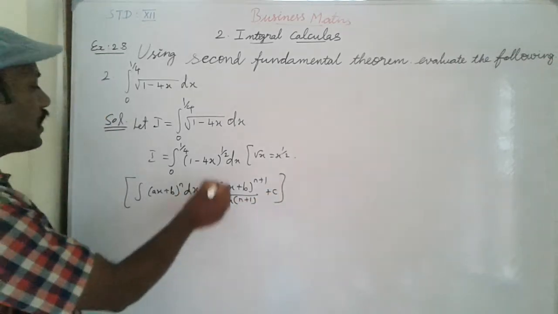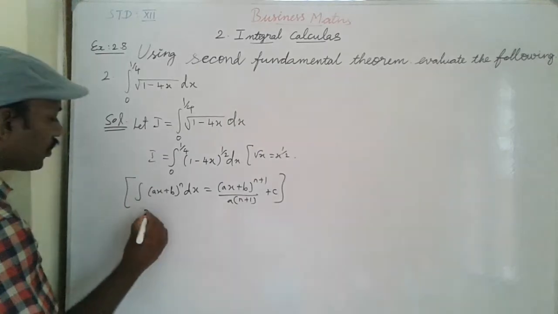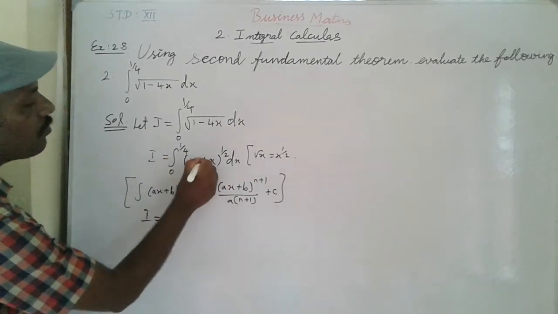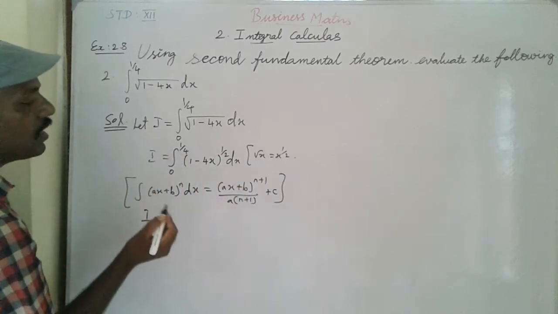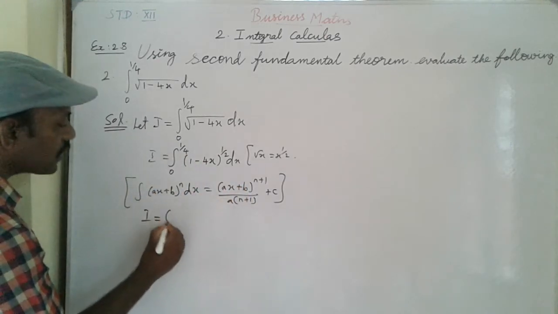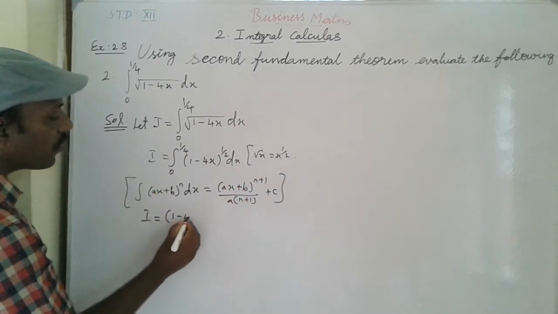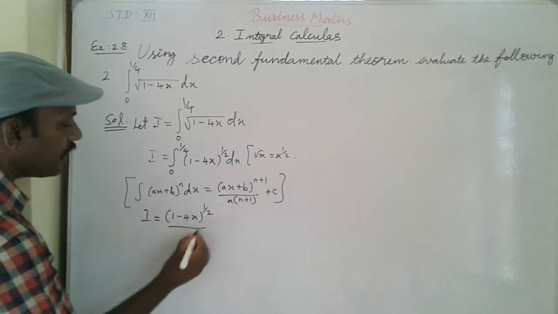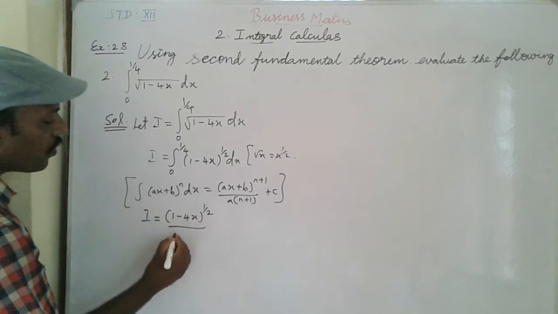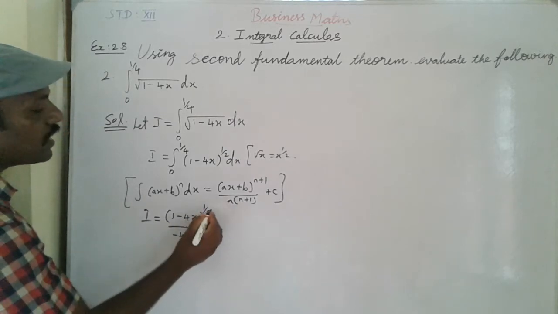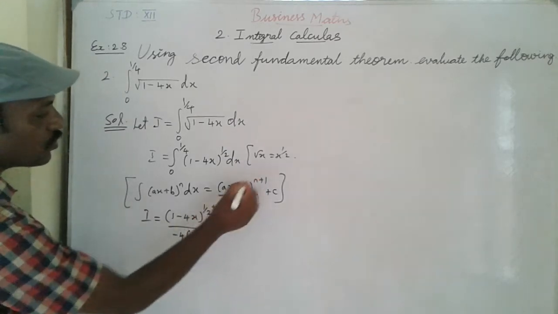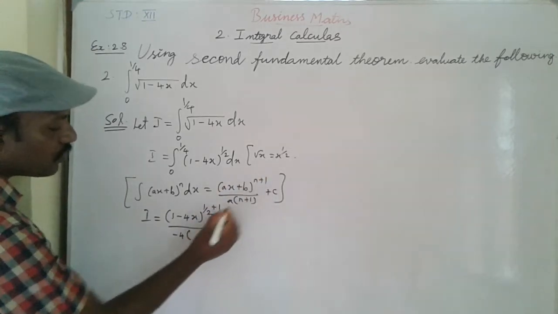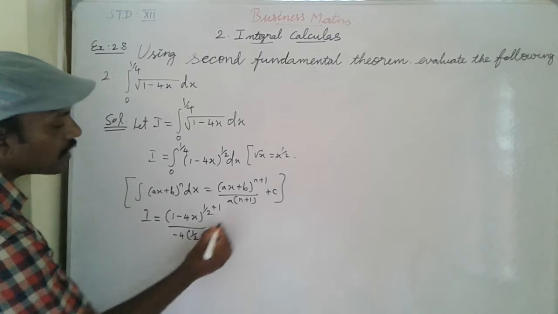We substitute this formula and integrate. Then I equals, a is minus 4, b is 1. So (1 minus 4x) whole power 1 by 2 plus 1, divided by a, which is minus 4, into n plus 1, where n is 1 by 2.